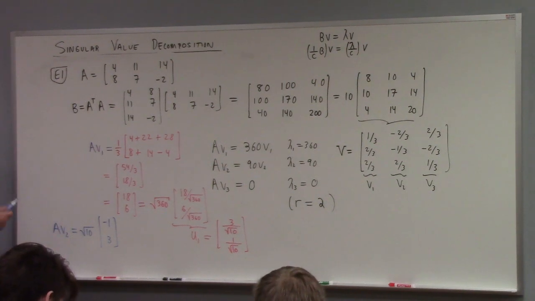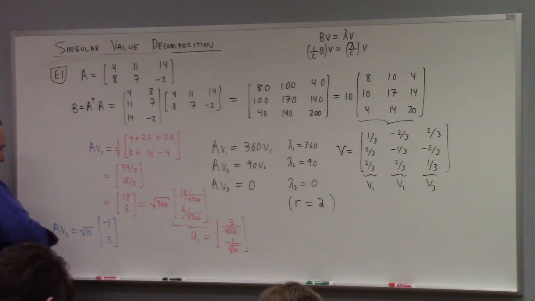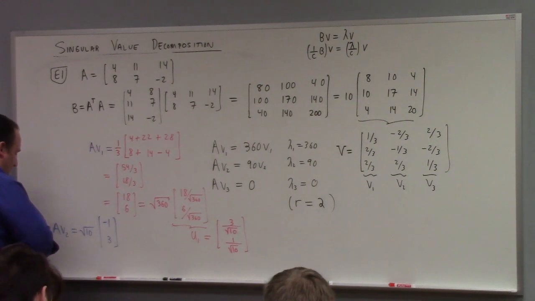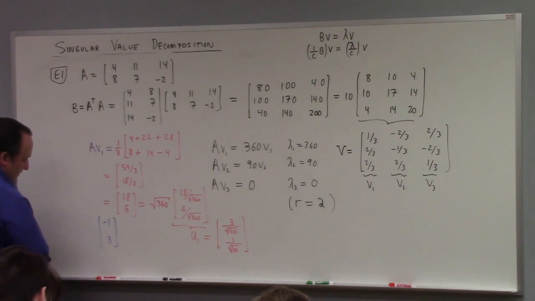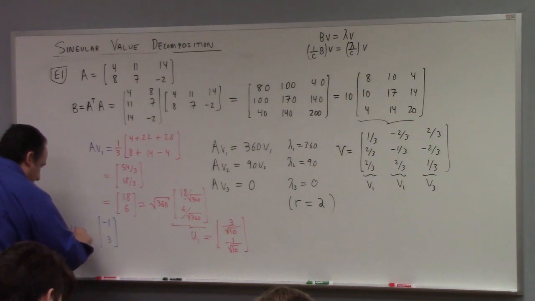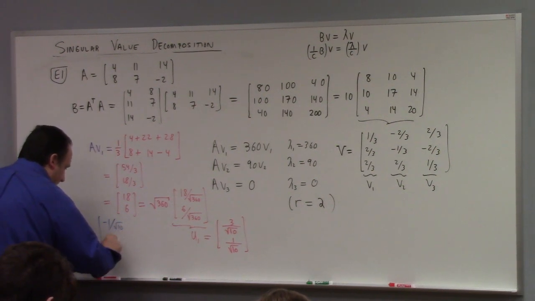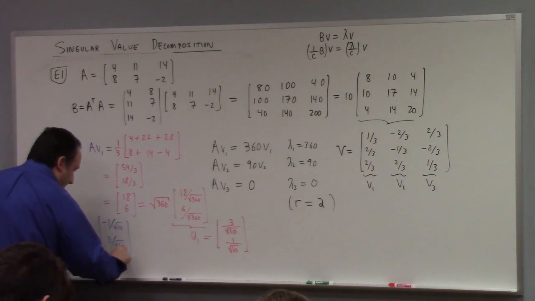I'll get this straight eventually, guys. Well, let me just butcher it here. U2 works out to minus 1 over root 10, 3 over root 10, all right?